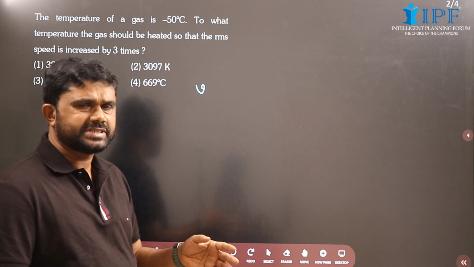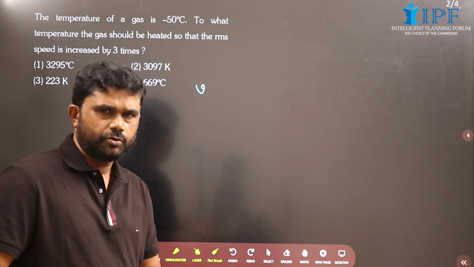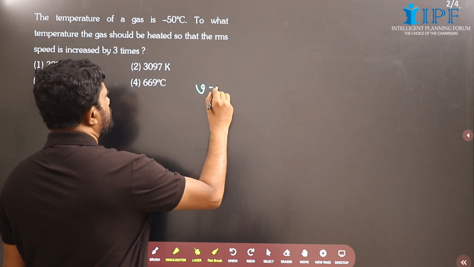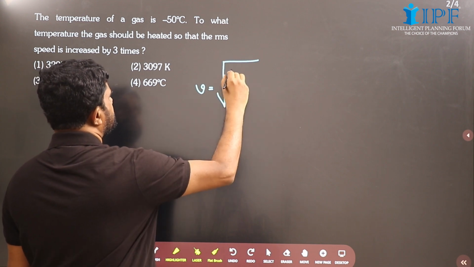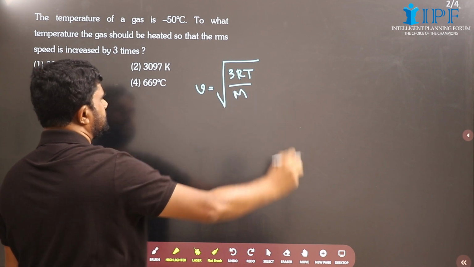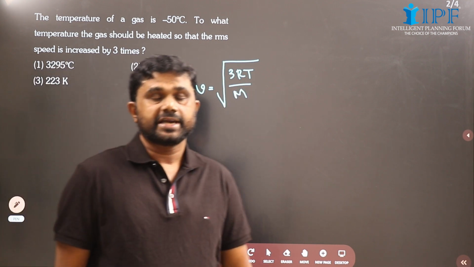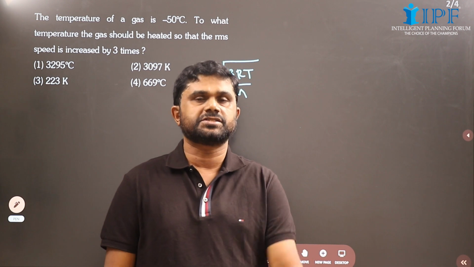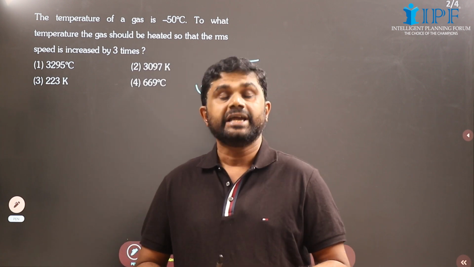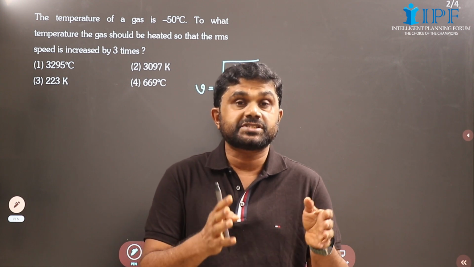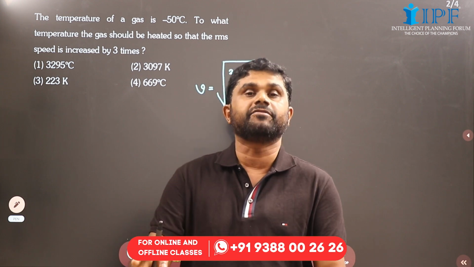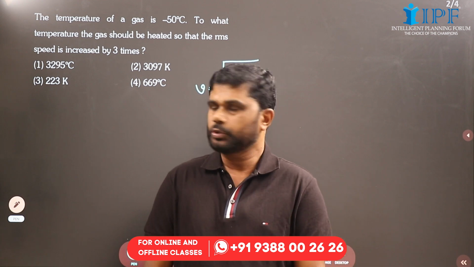So let me represent it by V itself. V equal to root of 3RT divided by M, where M is the molar mass, R is the universal gas constant, and T is the absolute temperature. What is absolute temperature? Any temperature expressed in Kelvin is absolute temperature.